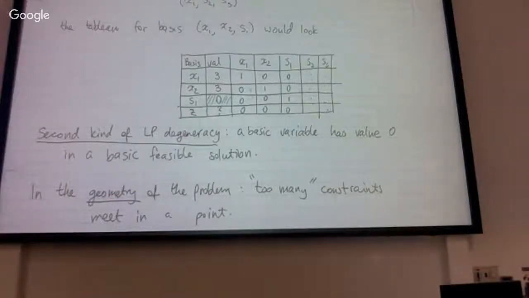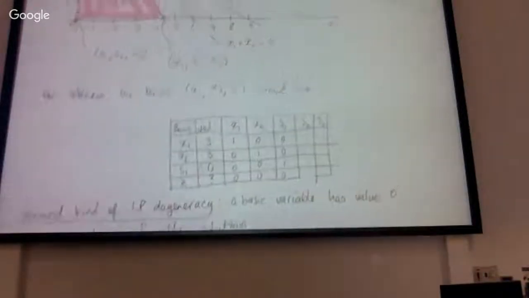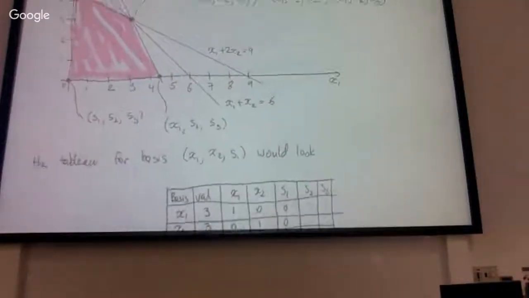So how many do we have in this picture here? 3. How many do we usually have in this picture that meet in one point? 2. But where does the 2 come from? Is it always 2? Or is it only 2 because of something?